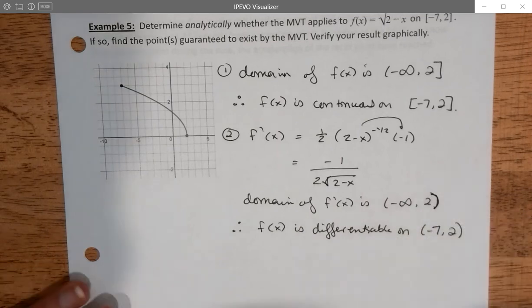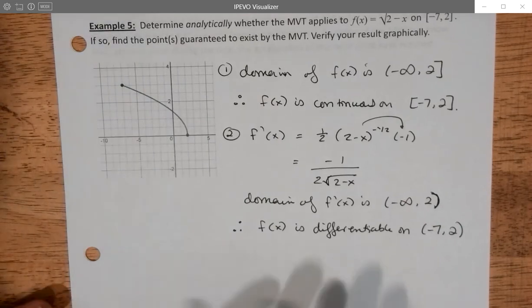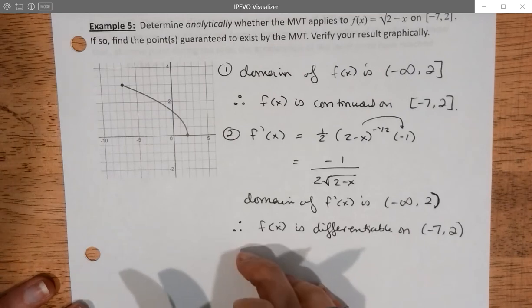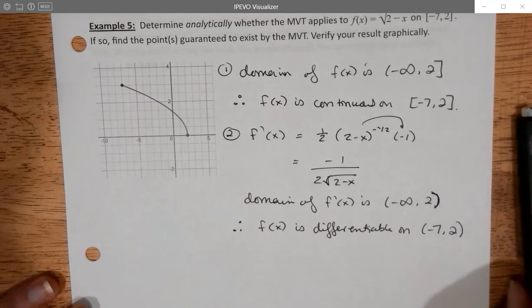It has to exist between -7 and 2, and it does because it exists everywhere less than 2. Okay, so before I can state my conclusion, since the conclusion here is not going to involve just derivative equals 0, it's derivative equals secant slope, I need to find the secant slope.